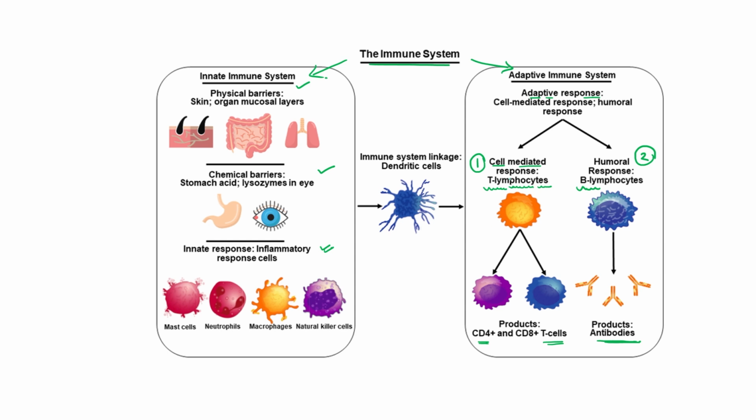That's why we use the term cell mediated response. Here the last product is antibody. There the last product is a different kind of T cells. So these two, cell mediated response and humoral response, are the types of adaptive immunity.